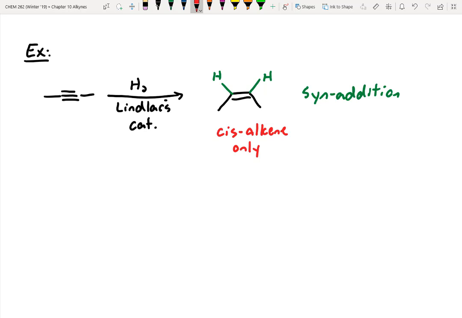All right, so maybe there's a situation though where you don't want the cis alkene, but you'd rather have the trans alkene. If you want to do that, you have to use a different reagent. So for trans alkenes, you must use dissolving metal reduction.